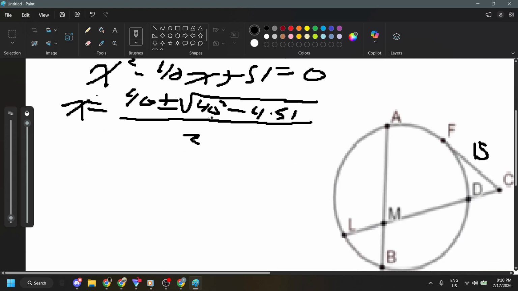Okay, I see. So take out a 4, we have 20 plus or minus the square root of 400 minus 51.